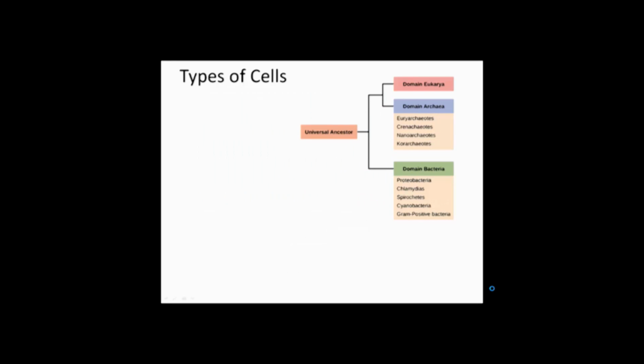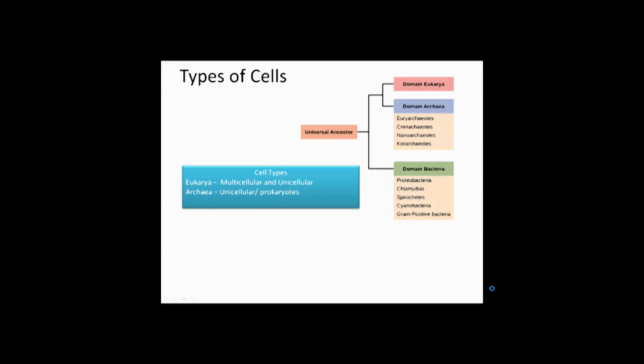So let's look at the types of cells and where organisms fall in terms of domains. Now, this is the big overarching classification. Domain Eukarya, of course, is everything that is a eukaryote. So this would be your plants, your animals, your protists and fungi. Domain Archaea is going to be your unicellular prokaryotes that live in extreme environments.